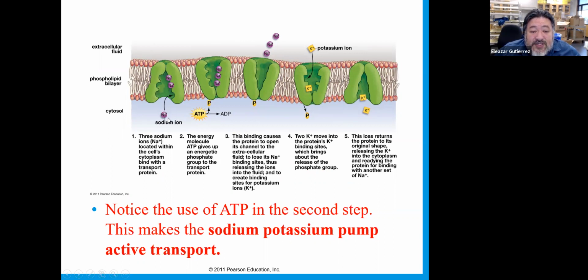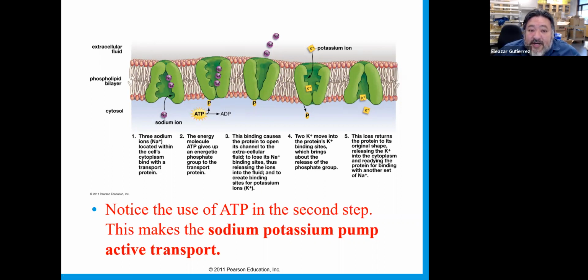Once the 3 sodiums associate with the pump from the inside of the cell, then energy, ATP, is harnessed, causing the pump to change shape. Faces to the outside, and then sodium gets released to the outside of the cell.